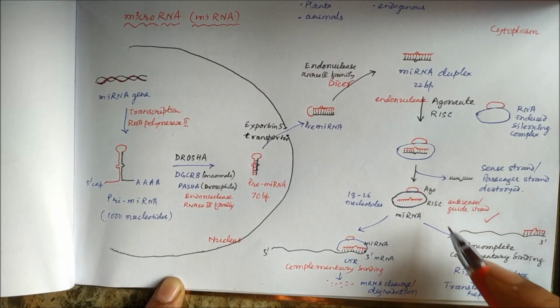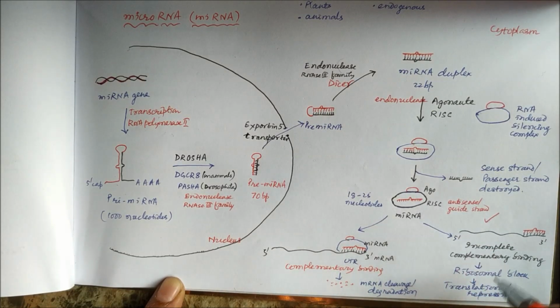Mostly this happens with microRNA, and very rarely, if there is 100% complementary binding at the 3' untranslated region, then this messenger RNA will degrade, resulting in mRNA degradation.